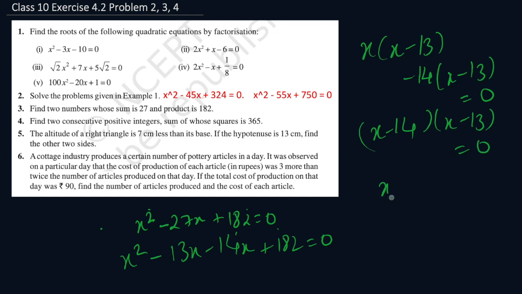So our answer is x equals 13 comma 14. So our two numbers will be 13 comma 14. If our x is 13, then y will be 14, because these two sum to 27 and the product gives 182.